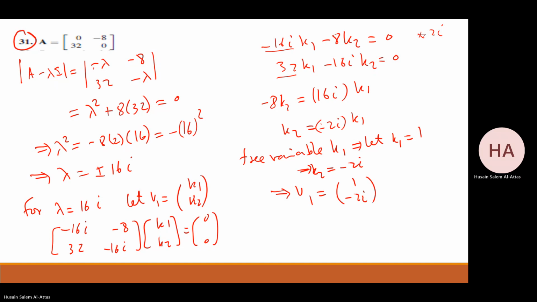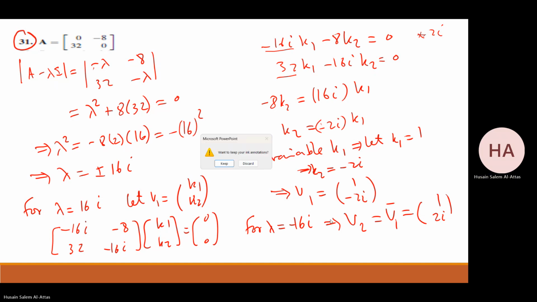For lambda equal minus 16i, no need to do anything. V2 will be V1 bar, that will be 1 and 2i. Okay, that's it. This is the remaining two questions from 6.1.